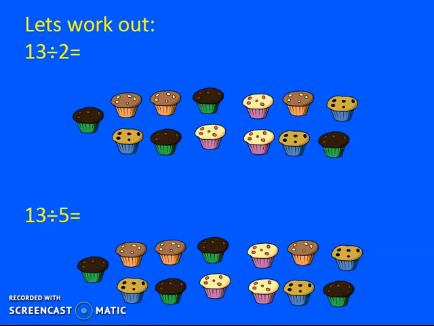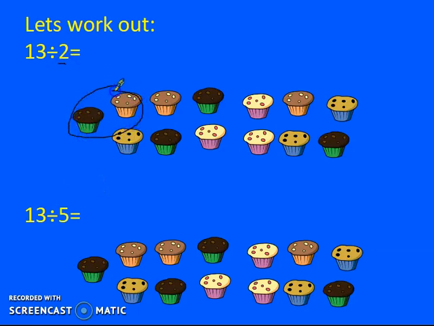Well done everybody. Let's see if we got those answers correct. So 13 divided by 2. We can split it in half and see how many is on each side, or we can group together in 2s and see how many groups we make. I'm going to group into 2s because we are dividing by 2.